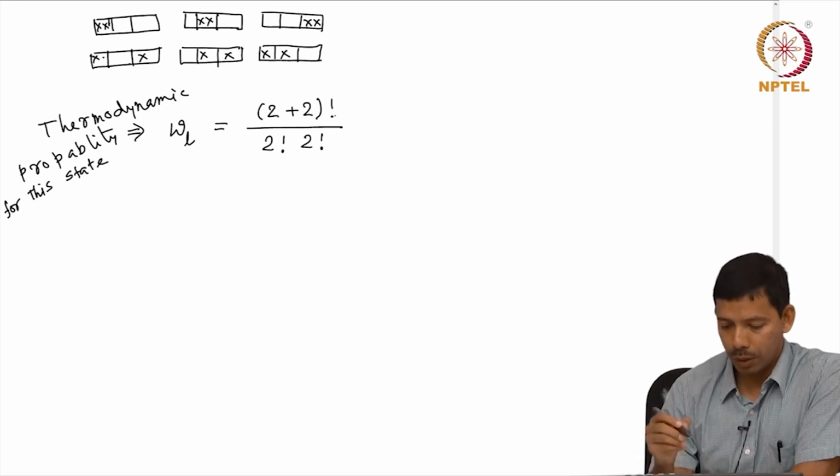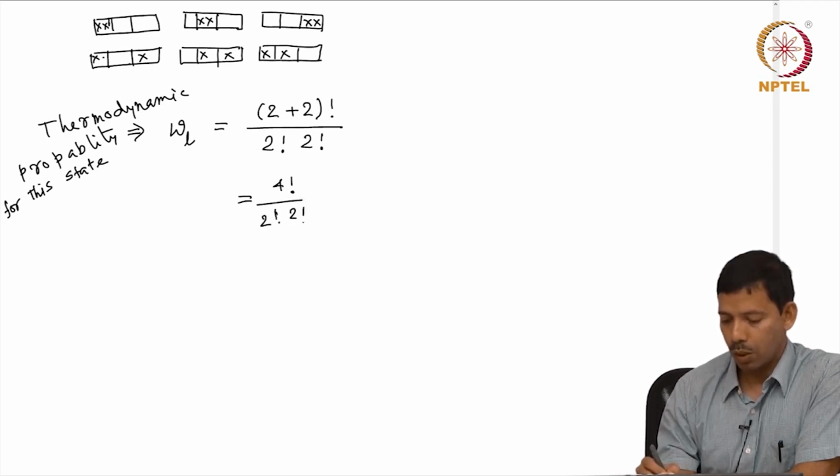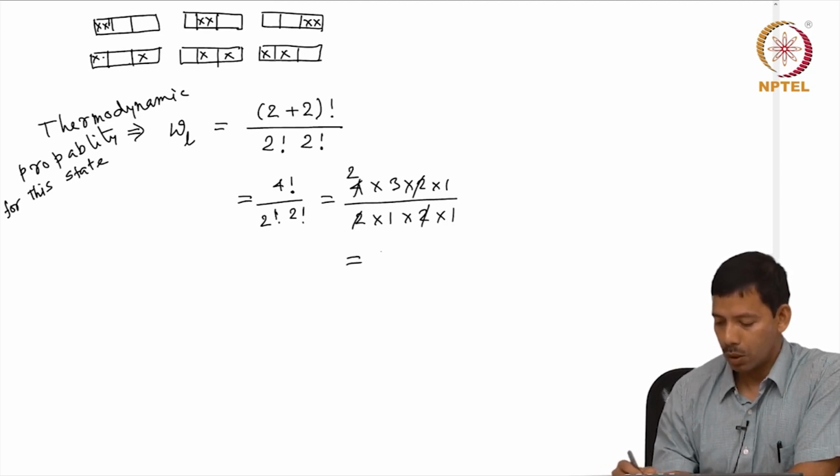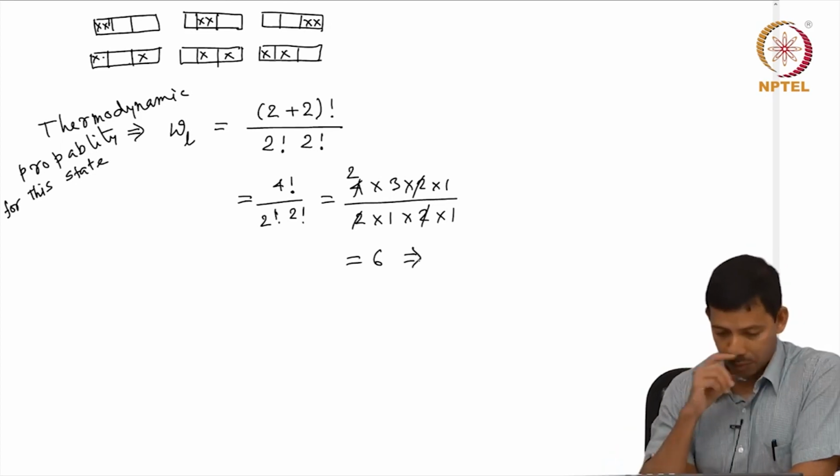This is basically 4 factorial divided by 2 factorial and 2 factorial, which is 4 cross 3 cross 2 cross 1 divided by 2 cross 1 cross 2 cross 1, which is 6, and this is the 6 microstates which we got.